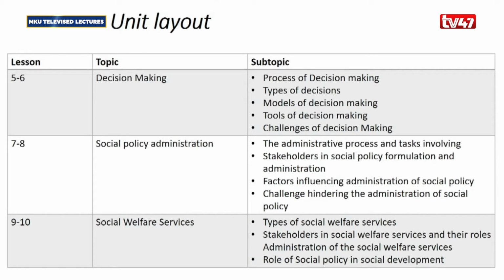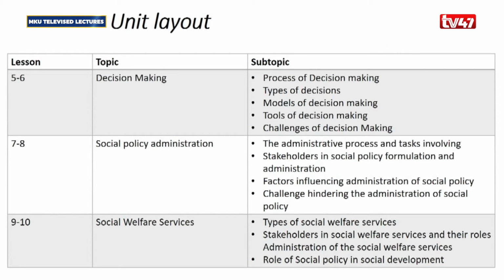The other thing we'll be looking at is the question of decision making. Like we have discussed, when coming up with a social policy, it involves several different stakeholders, different individuals and partners who have interests or might want to influence the sort of policy you end up with, because in one way or another they are going to be affected, or they are going to take advantage of it for whatever reason.